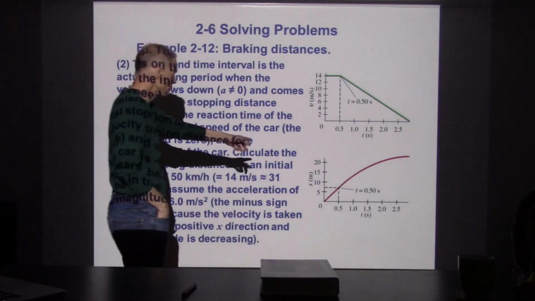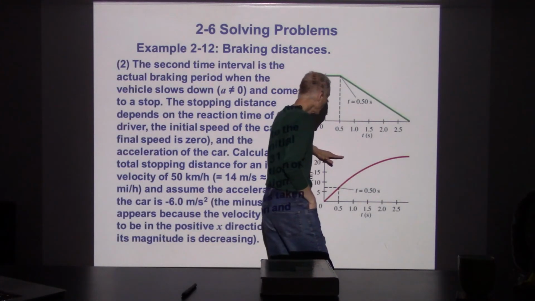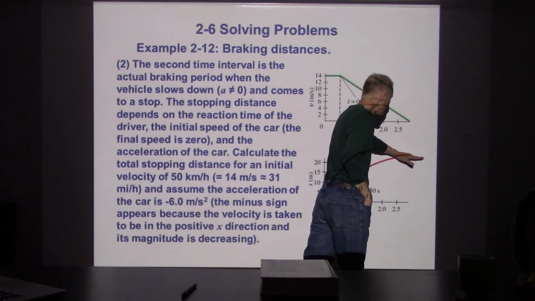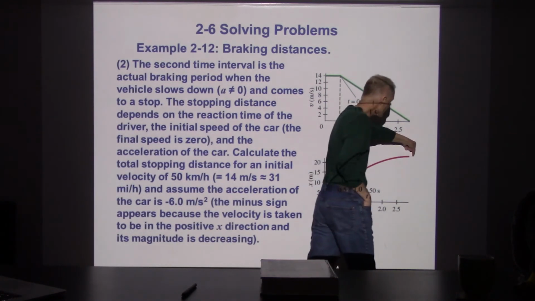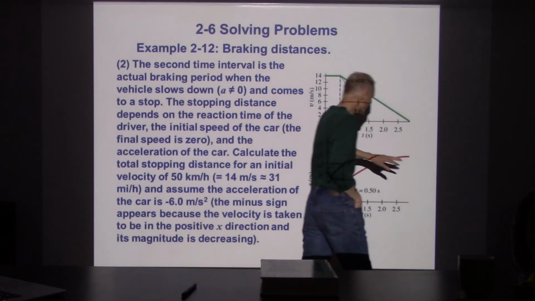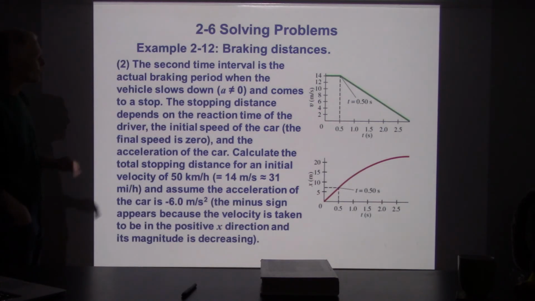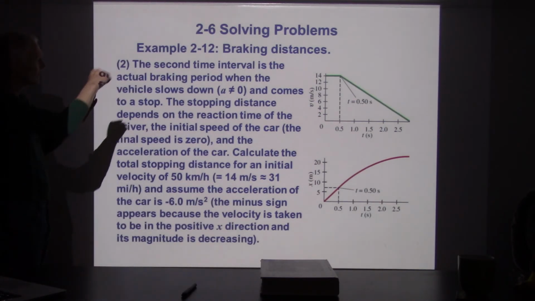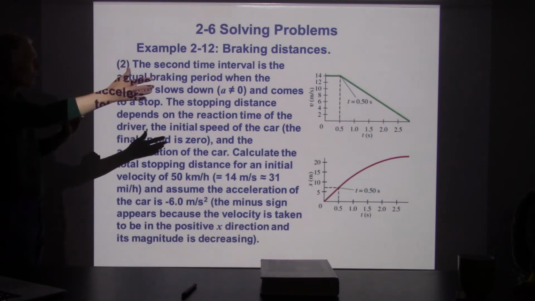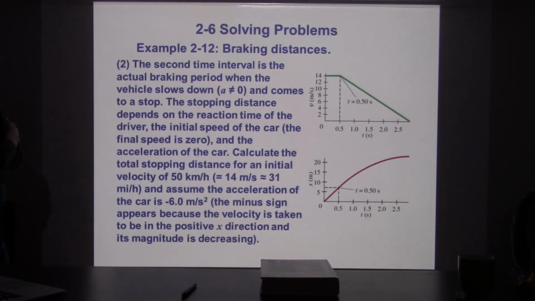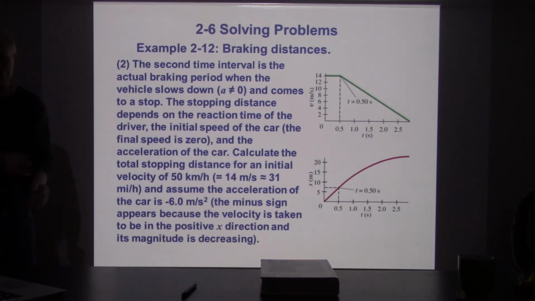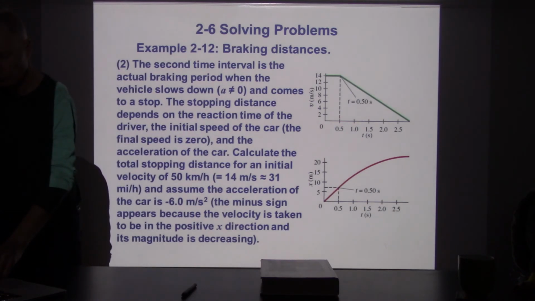If it's an x versus t graph, a full stop means that the slope is 0. So once I've done this, then the car is stopped and it just stays at the same value of x until it starts moving again. So yeah, I've got a straight line for half a second, and then I've got a parabola that brings us to a stop. Okay, so a lot of things to think about here, right, with these problems on motion.